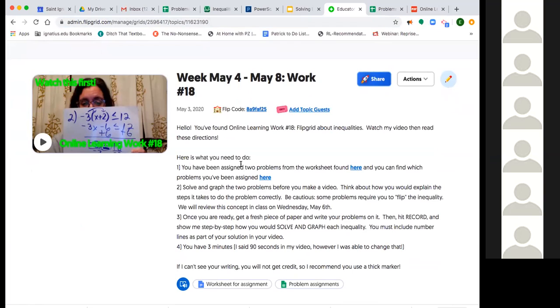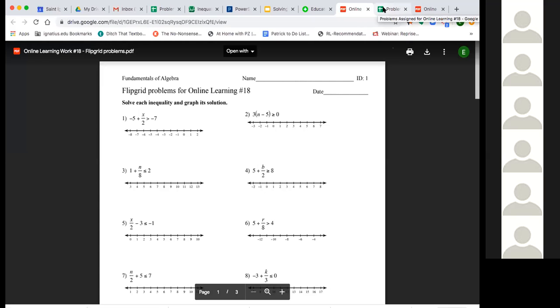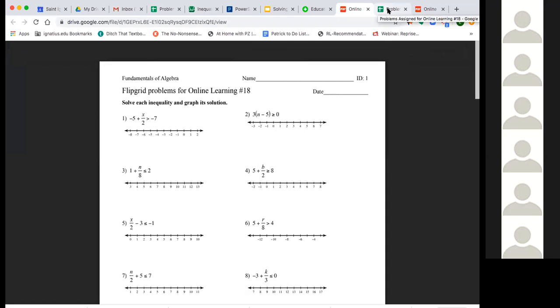You have to do 2 problems for me. And I've assigned the problems. There's 2 links here. There's this link with the problems, the actual worksheet that all these problems came from. And if anyone's bored at home and wants to do more problems just for fun, go for it.